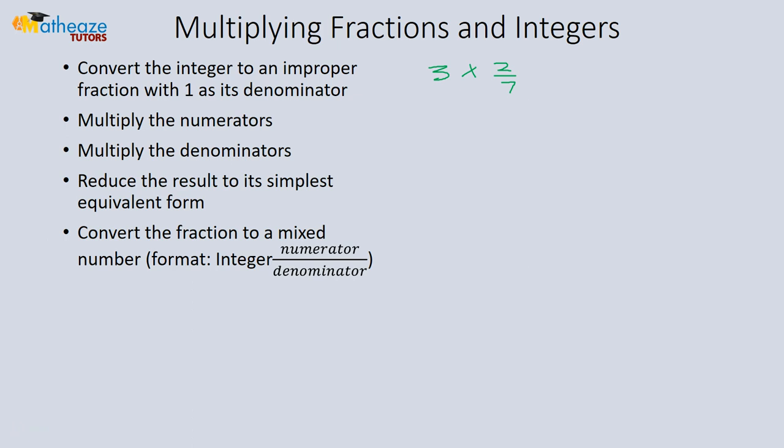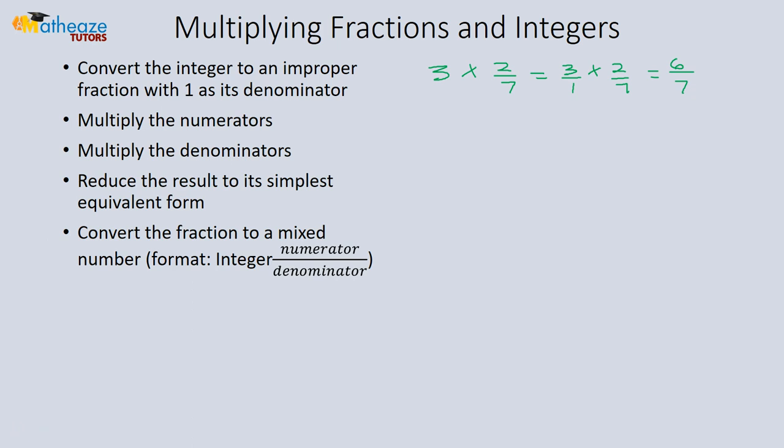So simply put, we're going to say 3/1, and then we multiply by 2/7. So then we follow all our other multiplication steps. 3 times 2, that gives us 6. 7 times 1, that gives us 7.